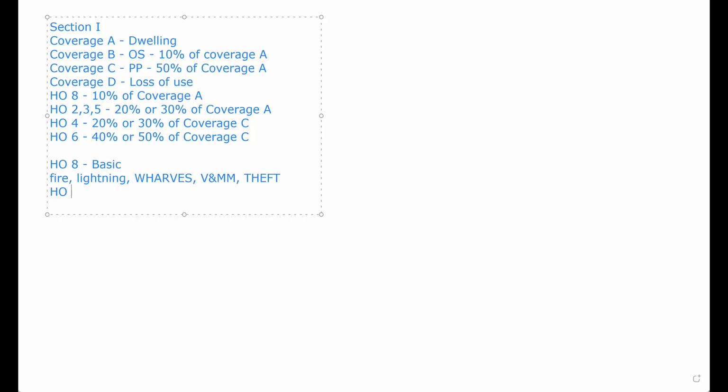Now, if you have an HO2, and this is called a broad form, then it's going to cover all those perils above plus the big effect, which is burglary, ice, snow, sleet, glass, accidental discharge, falling objects, freezing of pipes, electrical collapse, and tearing apart. And what the broad does, it includes all of these perils plus the big effect.